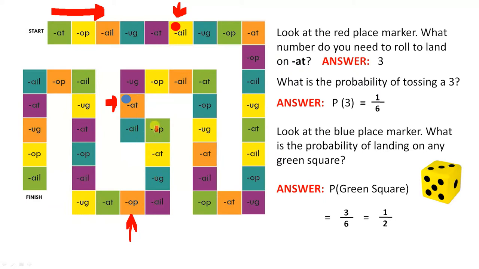So we can throw a 1, a 2, or a 4. Okay, so the probability of landing on a green square is 3 on 6, because there are 3 numbers. Okay, and that's a half, because 3 is half of 6.